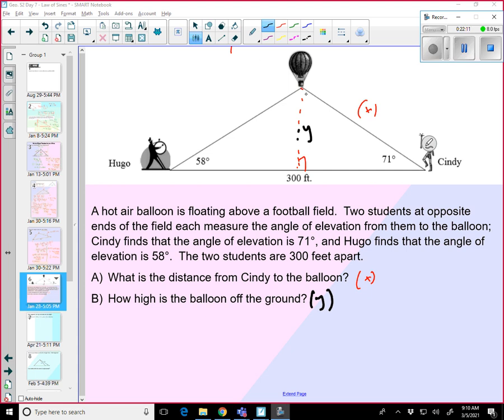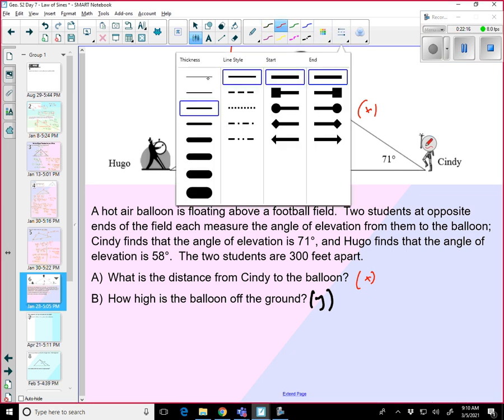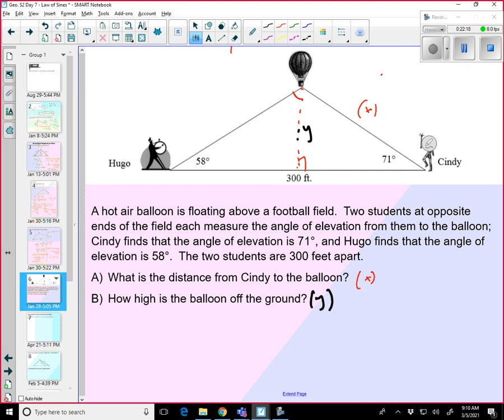Okay, first let's find this angle which is not given to us. This angle is going to be 180 minus 58 minus 71. That becomes 51 degrees.